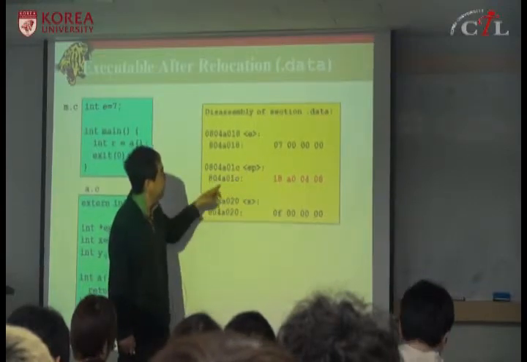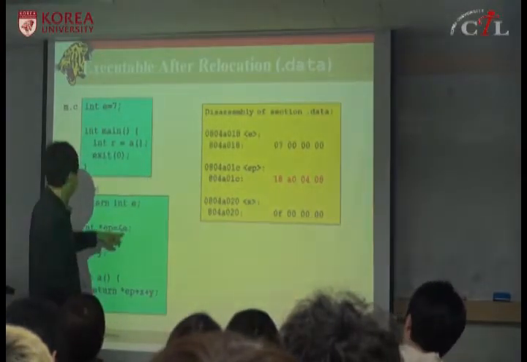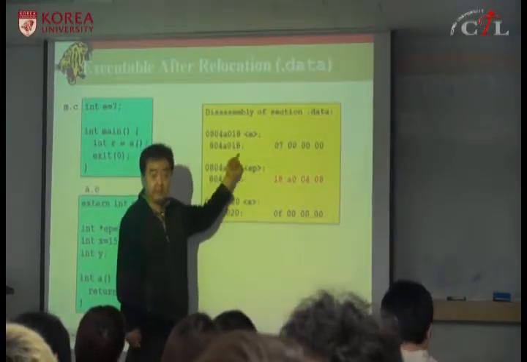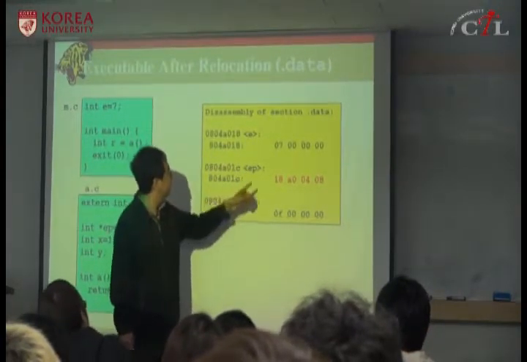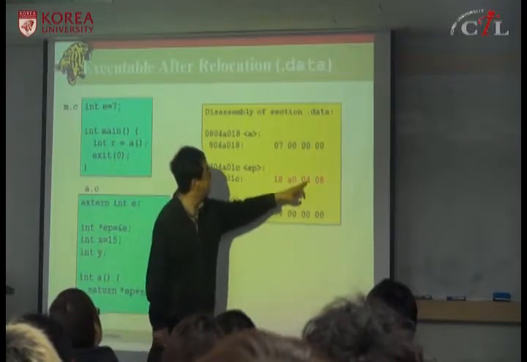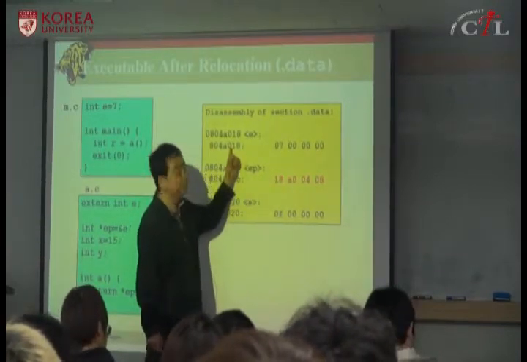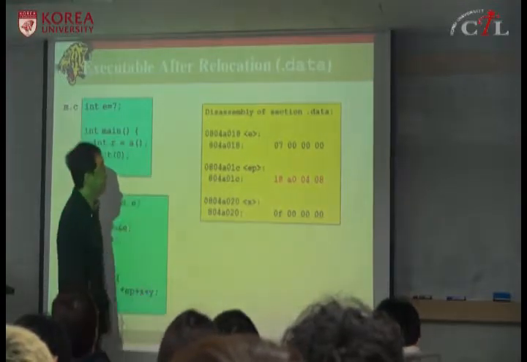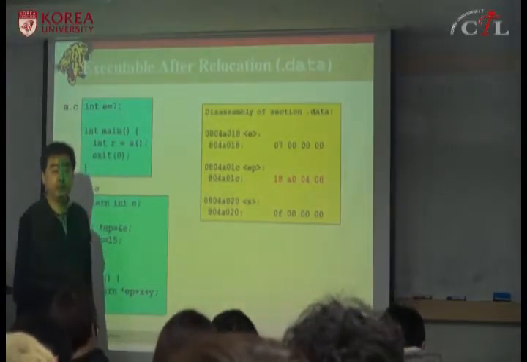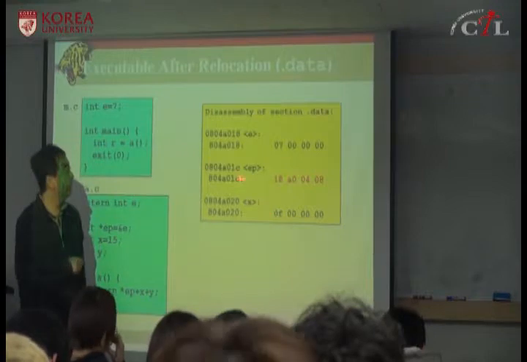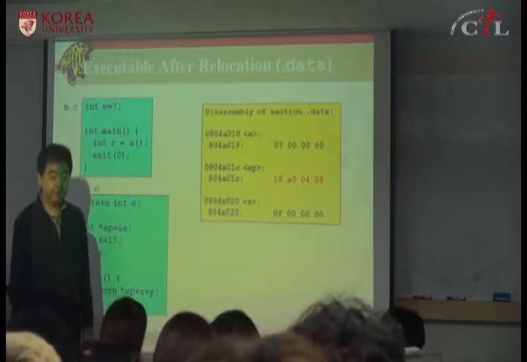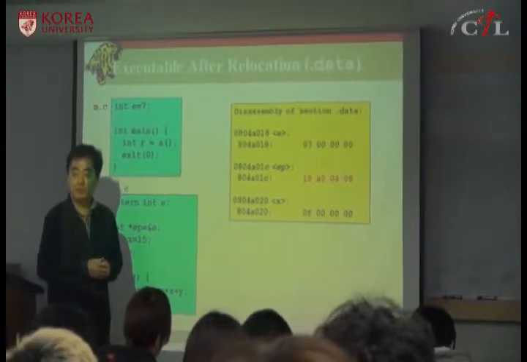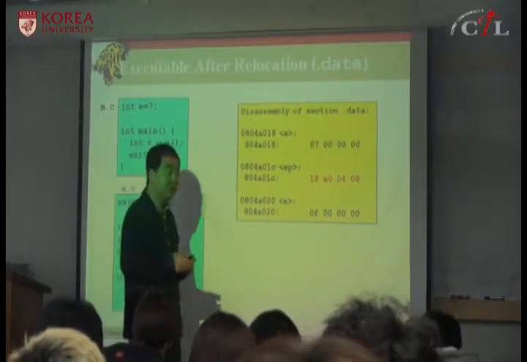EP, the initial value is the address of E, which is this address. So you should put 0804A018, which corresponds to the address of this here. Right? Address of E. That is the initial value for this variable. Okay? Understood?